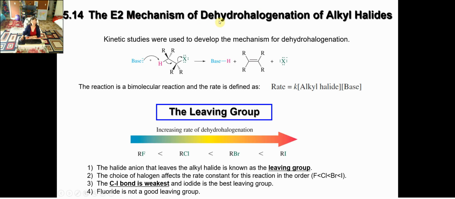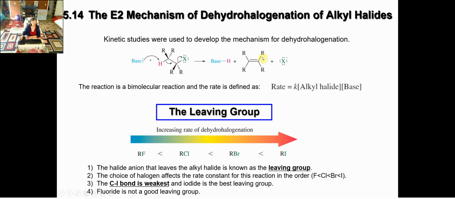Regarding this E2 elimination reaction, you remove hydrogen halides from your alkyl halides. So you may ask yourself, you have 4 different halides: fluoro, chloro, bromo, iodo. Which one is the best leaving group? All of these halides are called leaving groups.